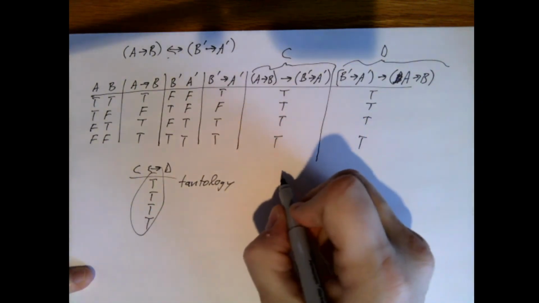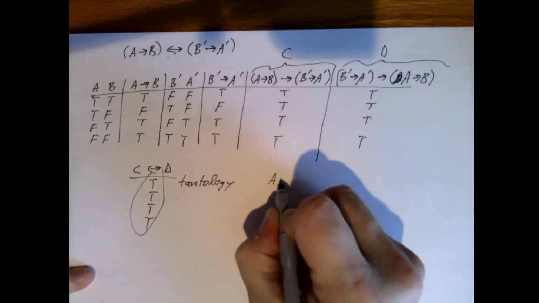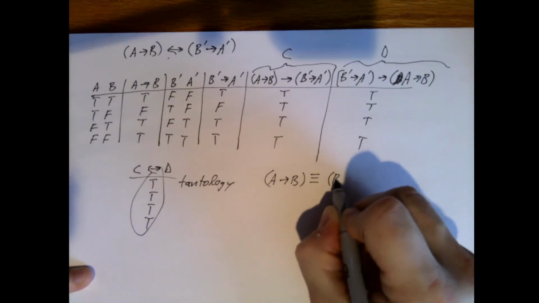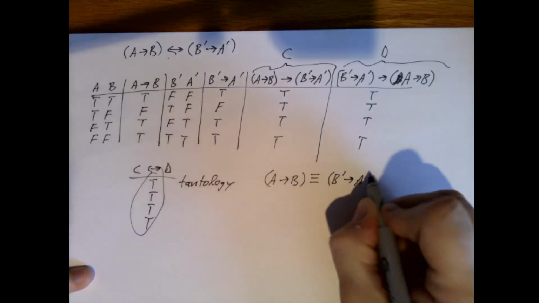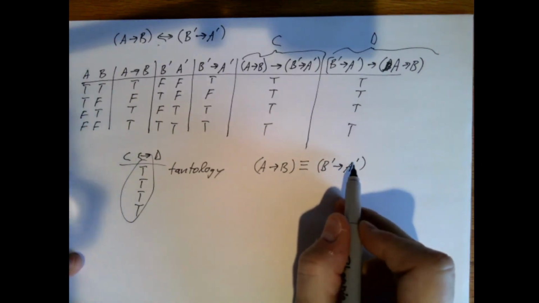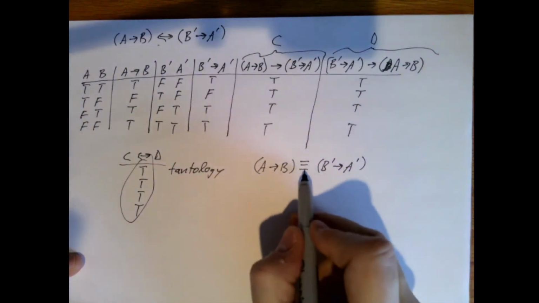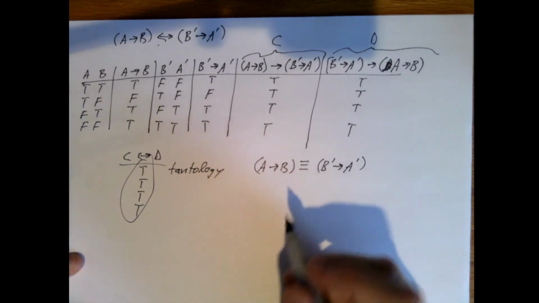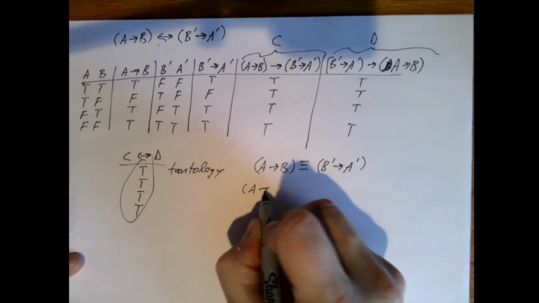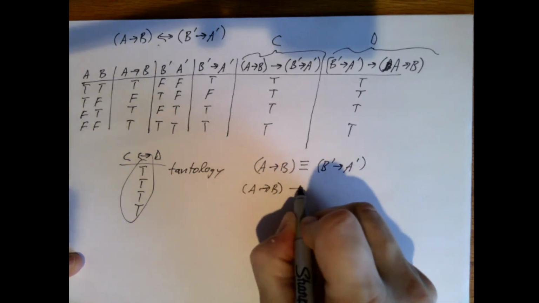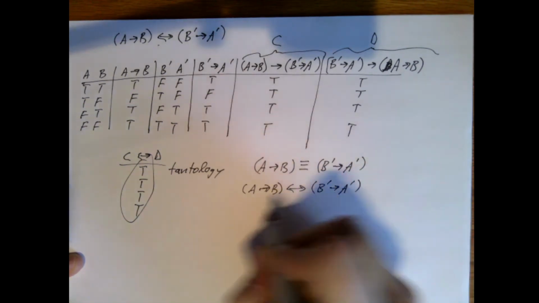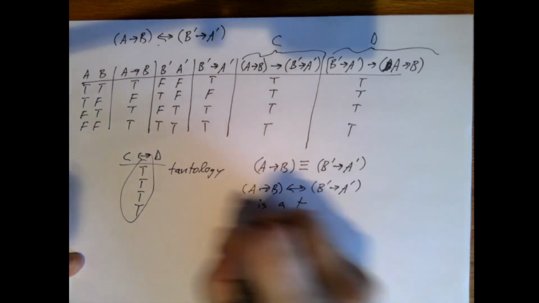So we could write here that A implies B is equivalent to not B implies not A. So everywhere I use this, I could use this and get the same exact result. So this is not a logical connective. What this really means is that A implies B if and only if not B implies not A is a tautology, which we saw here.